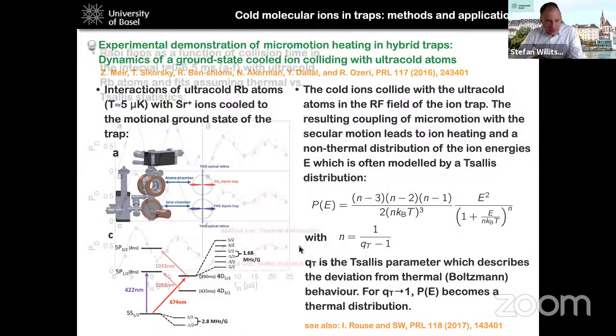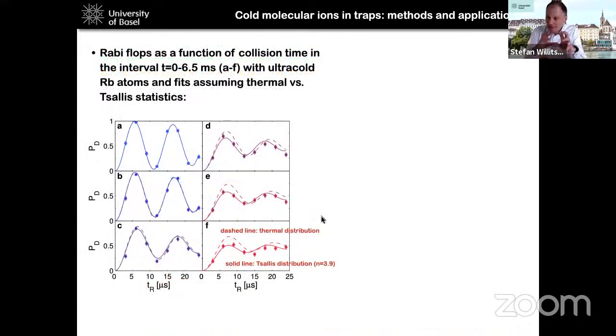Okay, so what they then did in this experiment is they had this strontium ion in the trap, in the ground state, and then interacted with the ultracold rubidium atoms. And after a few collisions of the ion with atoms from the ultracold rubidium cloud, they would determine the temperature.